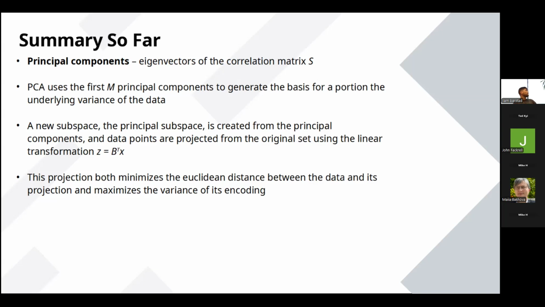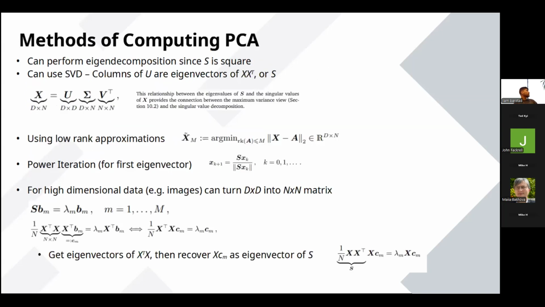Yes. Perfect. Okay. And for some reason, I think I must have put this before, by accident. So my bad for that. But it went through a couple of different methods to compute PCA. So really all you have to do is compute the eigenvectors of this covariance matrix, essentially.